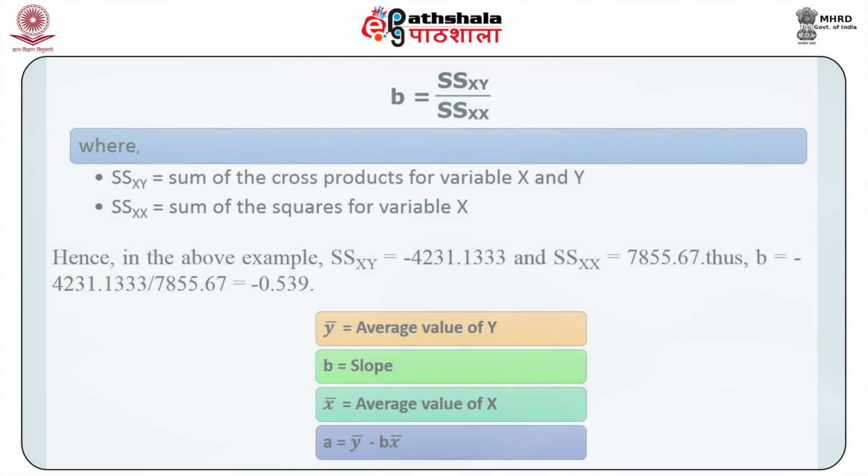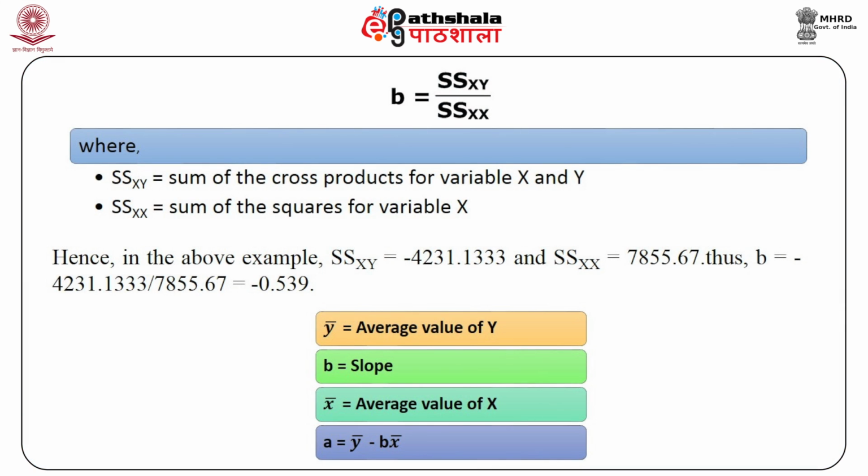The slope of the least squared line is represented by the formula b equals SSXY upon SSXX, where SSXY is the sum of the cross products for variables x and y, and SSXX is the sum of squares for the variable x.